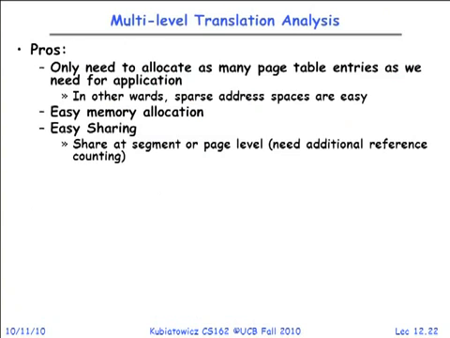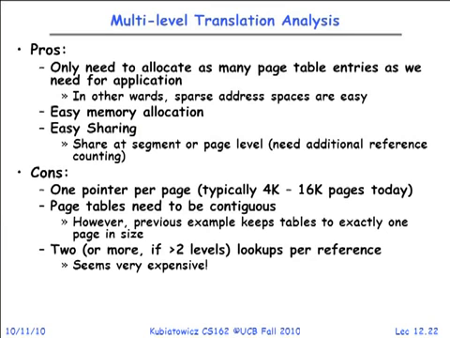Cons of this are, well, one pointer per page grows pretty rapidly. Another thing is the page tables themselves have to be contiguous, although in that previous example we've made sure that the contiguous part is never more than a page in size, so maybe that's good. Two or more levels of lookup per reference. As you could imagine, we're trying to make memory fast, and suddenly we've got to look up at the beginning, then the next one, then the next one.